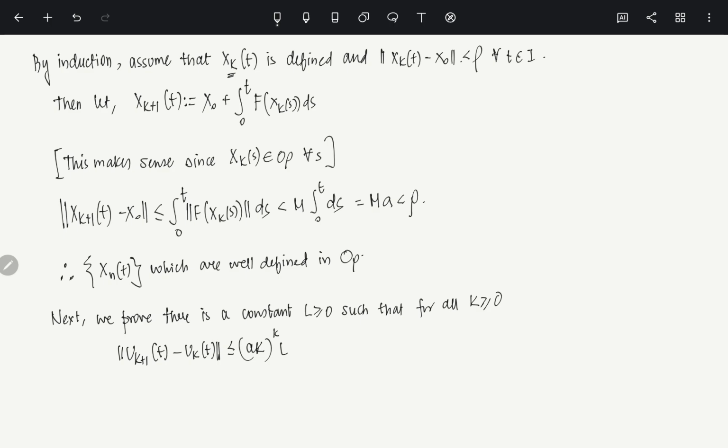If we show this, we basically show it is a Cauchy sequence, and then we can get what we want.